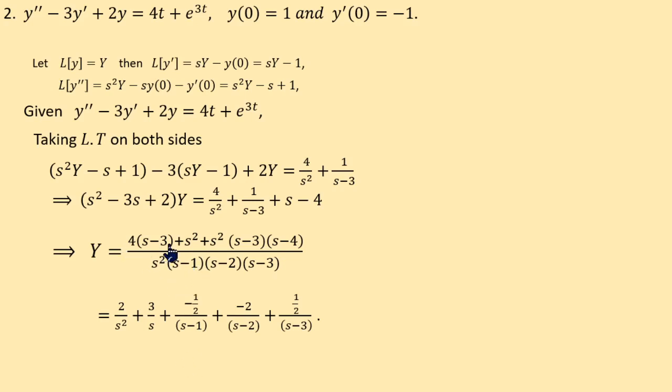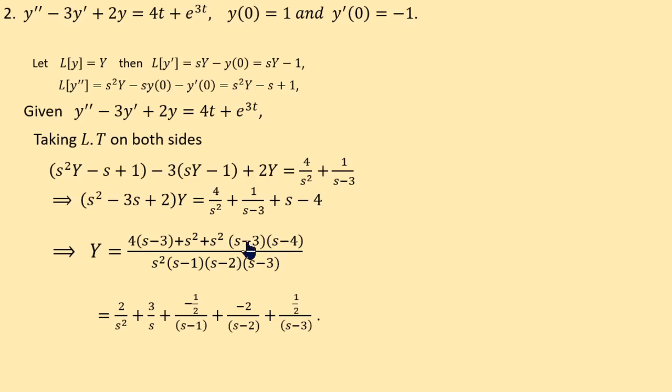To find the C value, close this part s minus 1, put s equal to 1. 4 into 1 minus 3 becomes minus 2, so minus 8. When s equal to 1, s square is 1, so it becomes 1, and the other factors are minus 2 and minus 3.